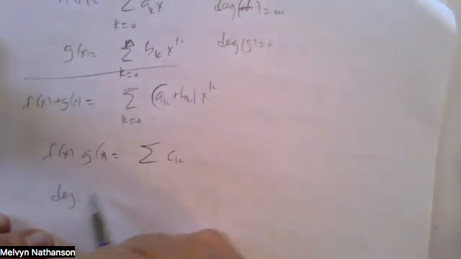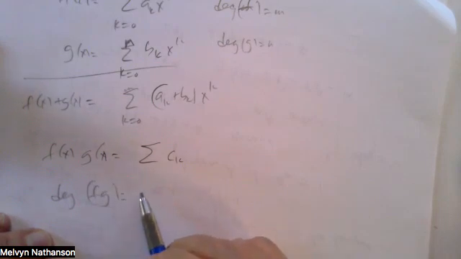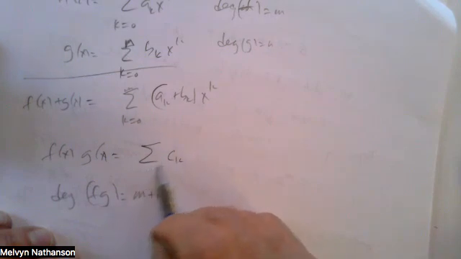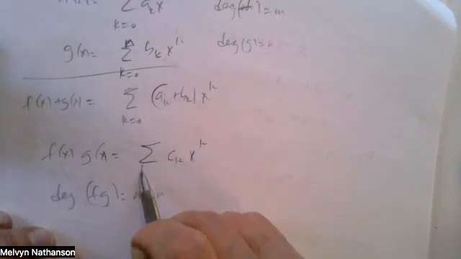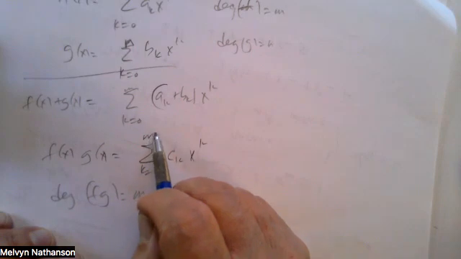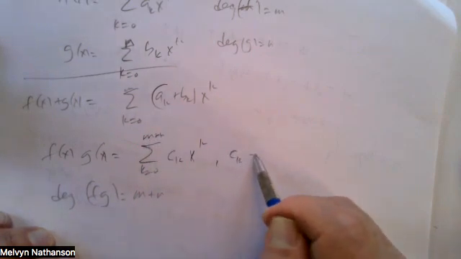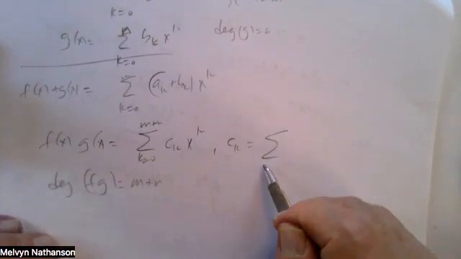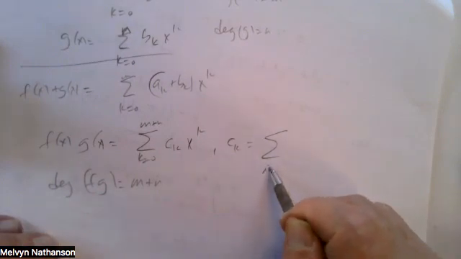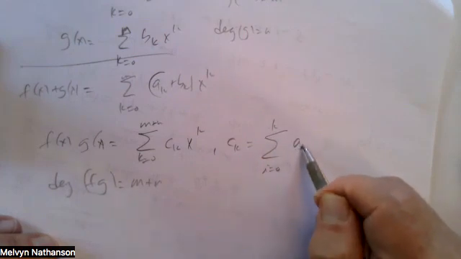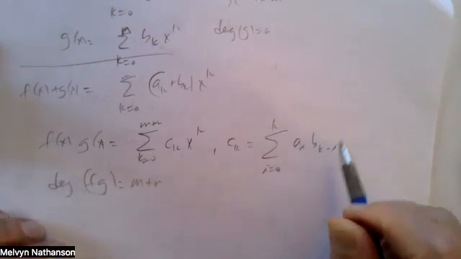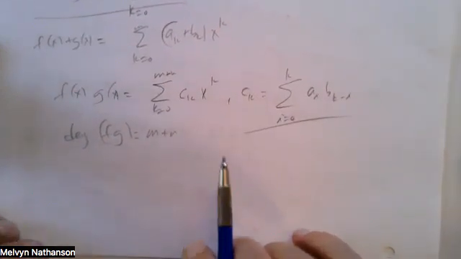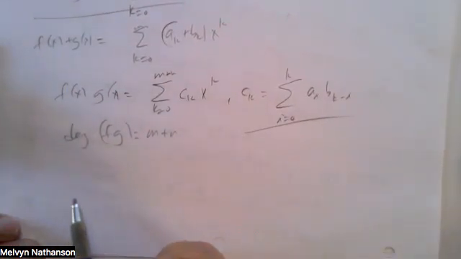Then the degree of f times g will be m plus n, and this is c_k x to the k, k goes from 0 up to m plus n. When you multiply polynomials, you get what's called a convolution: c_k is the sum from i equals 0 up to k of a sub i, b sub k minus i. If you think about how you multiply polynomials, that's exactly the rule.